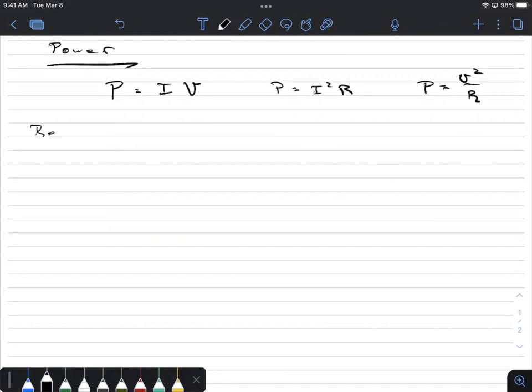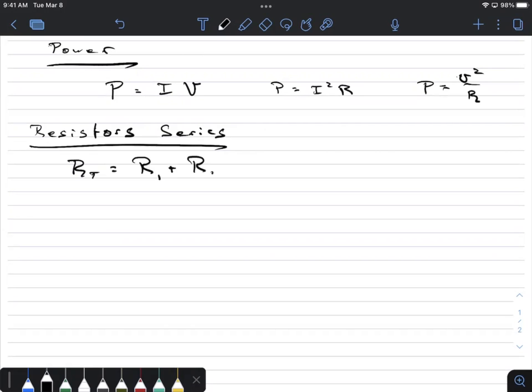So if we have resistors in series, then the total resistance of the set of resistors connected in series is just given by the sum of each resistor, R1 plus R2 plus R3, and so on.